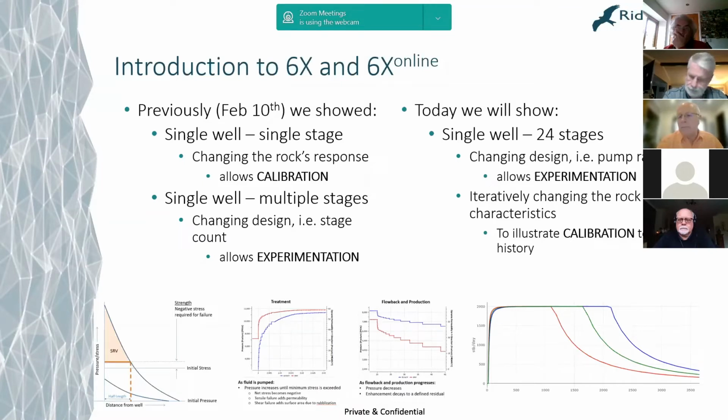And then, going on the topic of the model being meaningful and realistic, we're going to look at another example where we iteratively vary the enhancement parameters, which we'll talk about in a minute, to bracket and then focus in on a calibrated match to a set of historical data. So that's our second example that we'll look at.